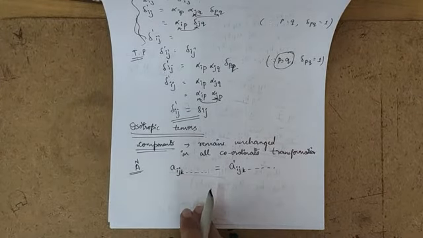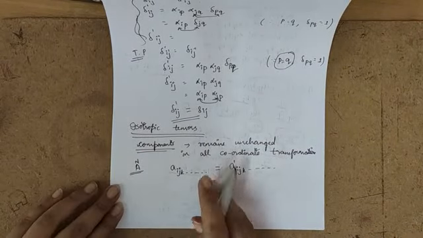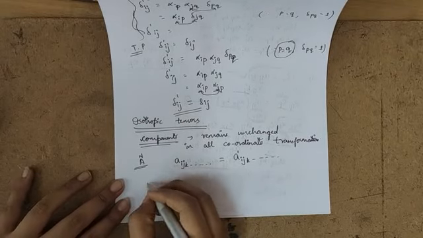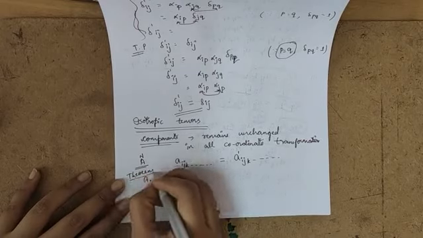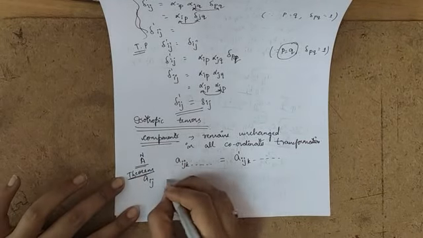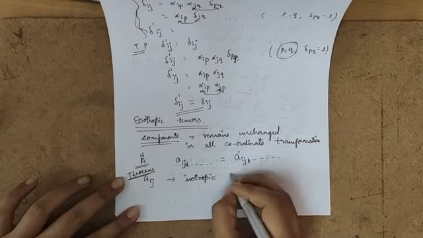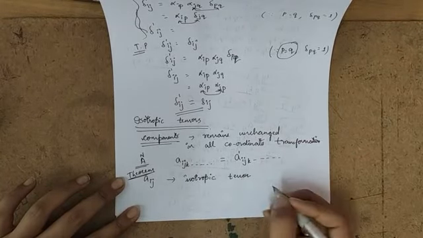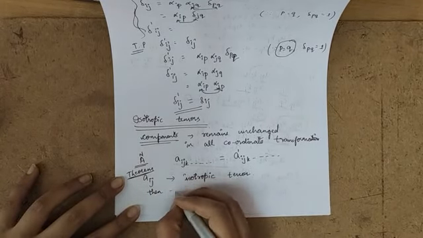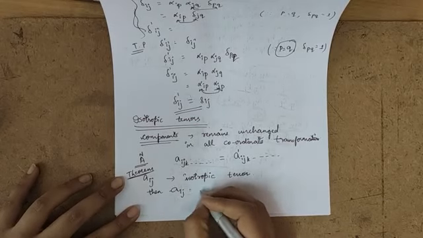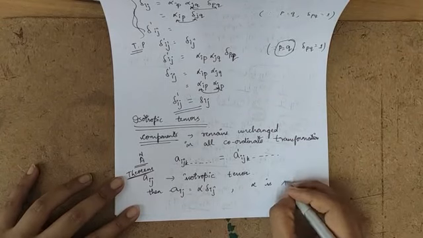There is a theorem based on isotropic tensors. The theorem states that if A_ij is a component of an isotropic tensor, then this implies A_ij is equal to alpha times delta_ij, where alpha is some scalar.